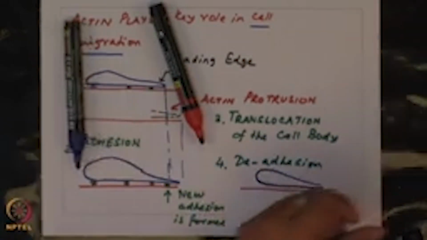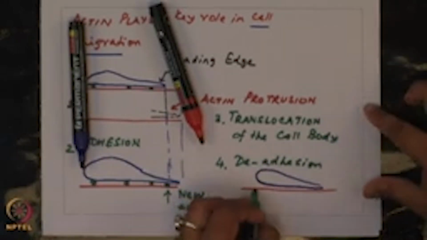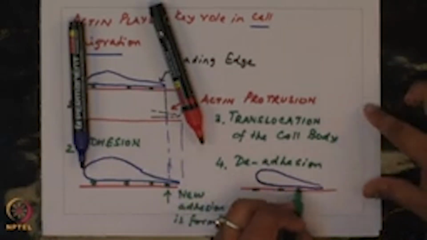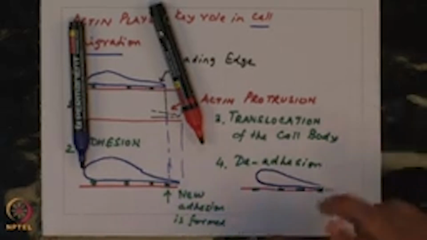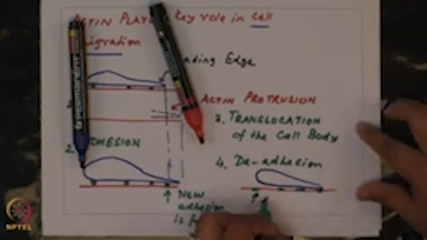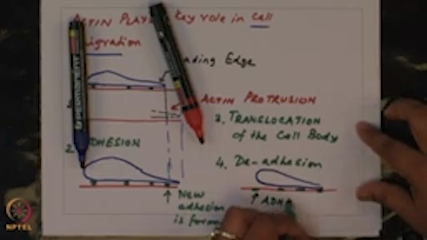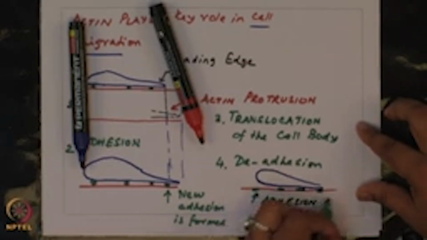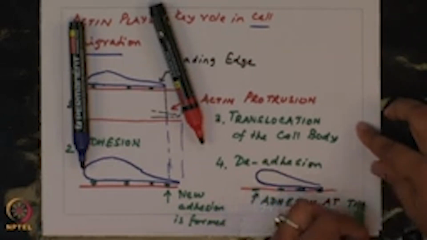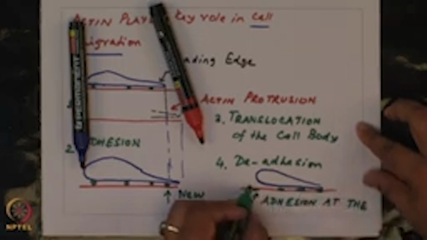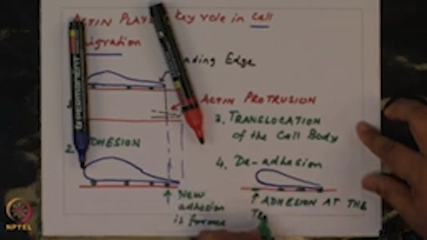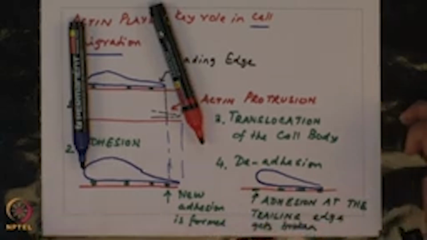So, this adhesion at the trailing edge, this is the trailing edge of the cell, gets broken, and as a consequence the cell moves forward.